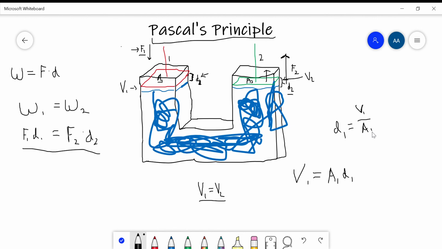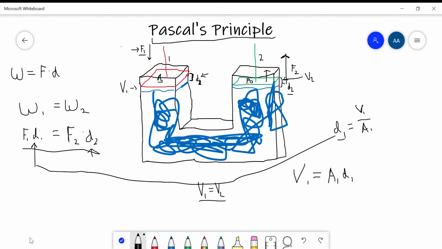So now that we have that, we can swap this D1 and put it in right here. We can do the same thing for D2. Basically just switch all the subscripts to 2. D2 is equal to V2 over A2, and we can substitute it right here.